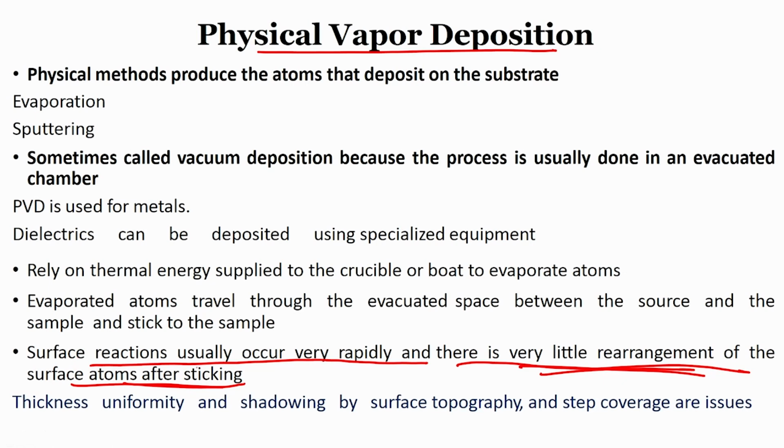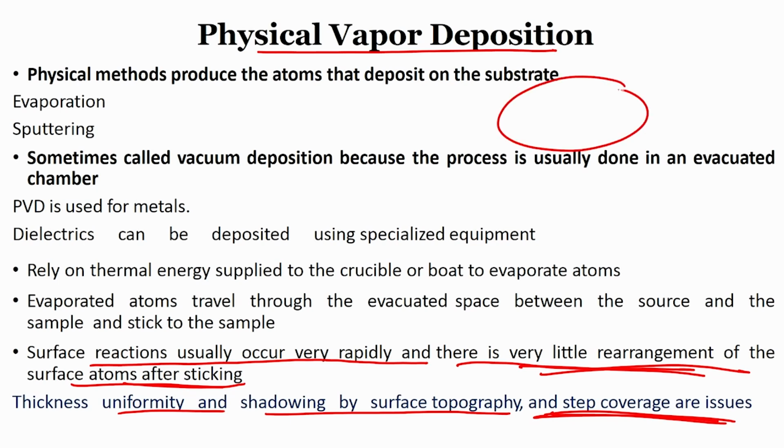Alright. So, surface reactions usually occur very rapidly, and there is very little time for rearrangement of surface atoms after sticking. Thickness uniformity, shadowing by surface topography, and step coverage are issues. Three things: thickness uniformity. The uniformity across the substrate should be good, because it should not be like half of the substrate here and half here.